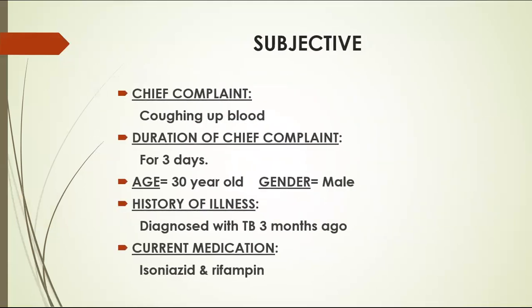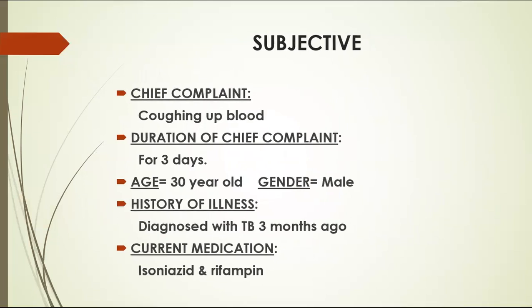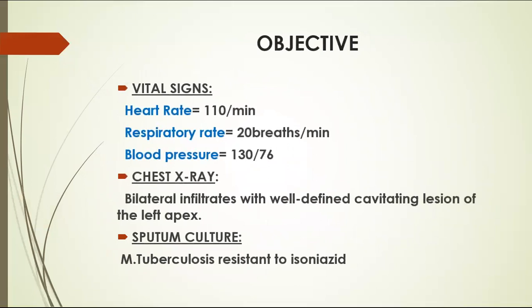Subjective. Chief complaint is coughing up blood. Duration of chief complaint is 3 days. His age is 30 years, male. History of illness: he was diagnosed with TB 3 months ago. Current medication includes isoniazid and rifampin. Objective.